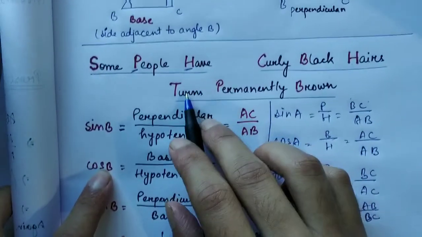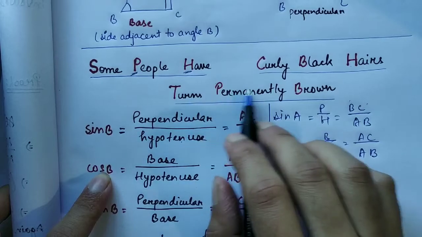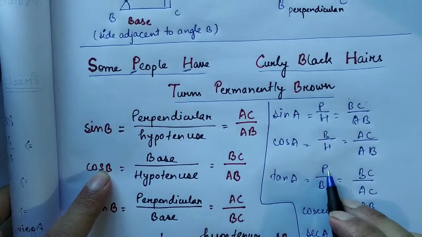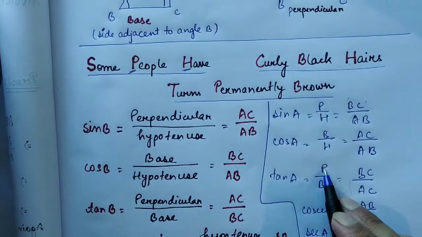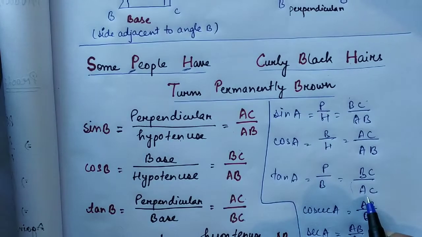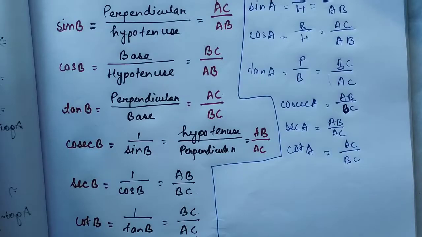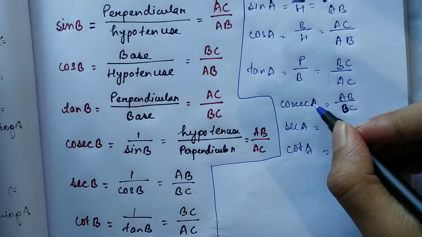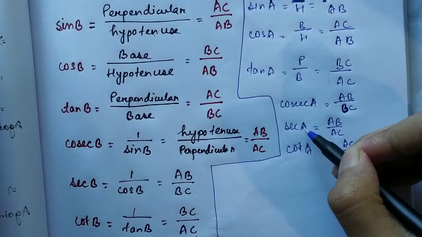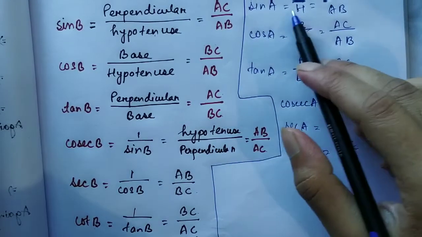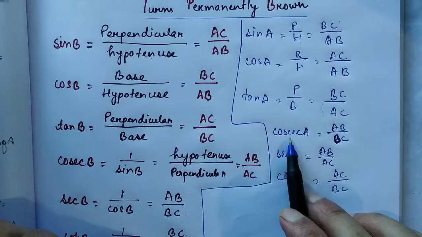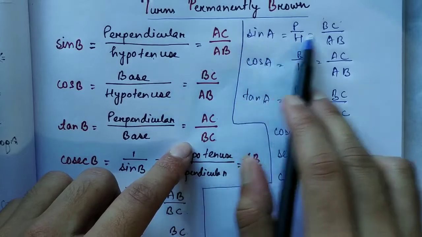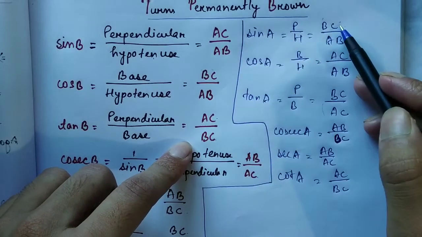Next is tan of A. From the sentence it is turns permanently brown, so tan of A is equal to perpendicular by base. The perpendicular is BC and the base is AC. And then the other 3 trigonometric ratios, that is cosec of A, sec of A and cot of A, can be derived from these 3 ratios. Cosec of A becomes the reciprocal of sine of A, that is AB by BC.